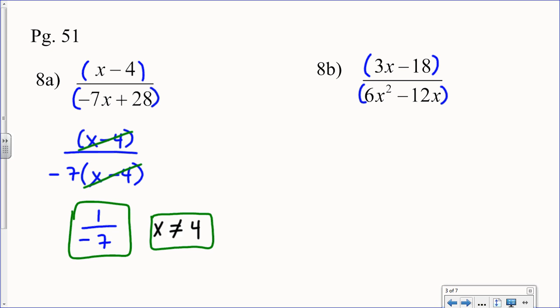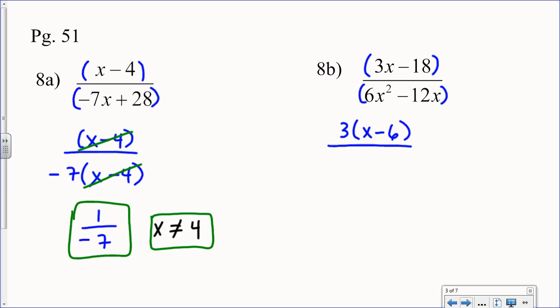Okay, on the numerator, I have a common factor of what? 3. So if I factor out a 3 from the numerator, I get x minus 6. Okay? In the denominator, I see that it's a quadratic, but I have a common factor I need to take out first.